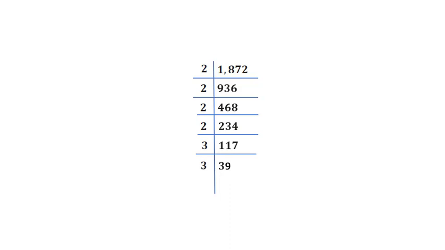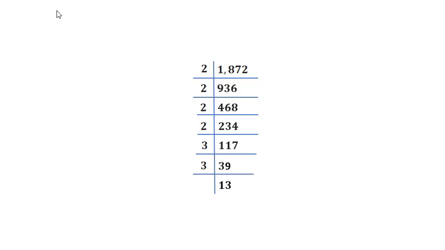So by 2 we divide, we get 936. Again this is divisible by 2, we get 468. Again we divide by 2, we get 234. 234 is again divisible by 2, we get 117. Now 7 plus 2, 9, so it is divisible by 3. So we divide by 3, get 39. Again it is divisible by 3, we get 13.